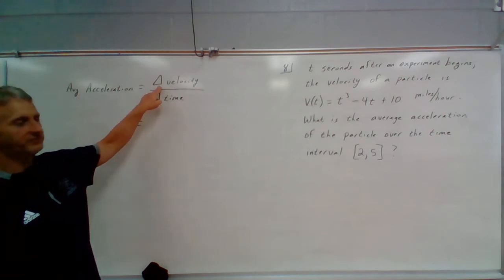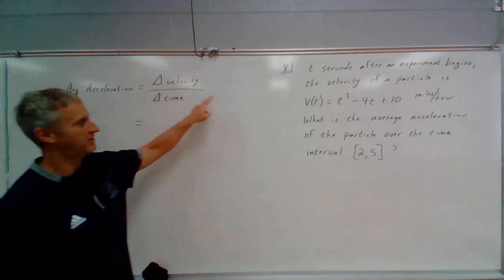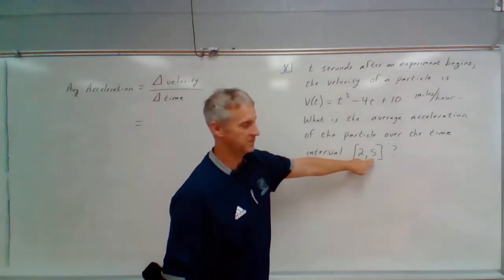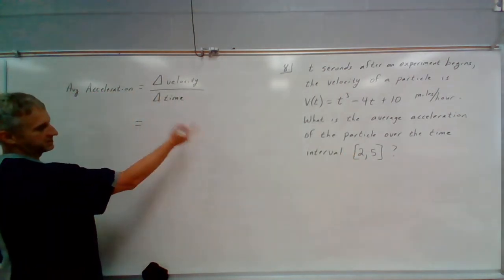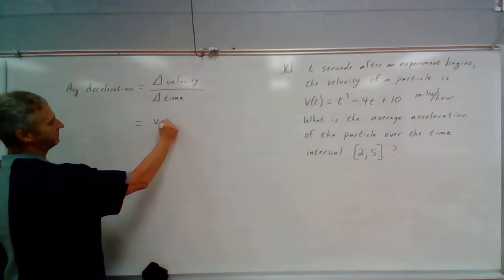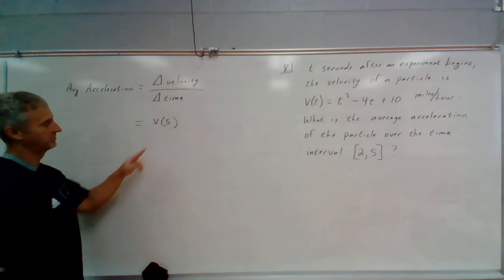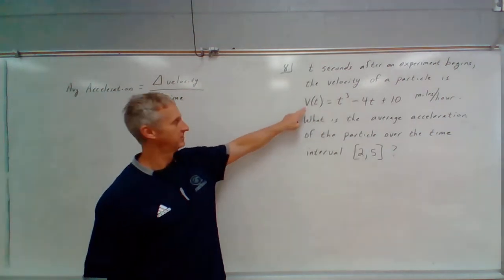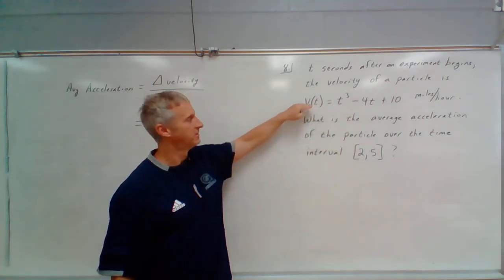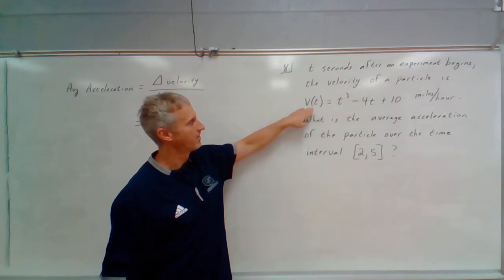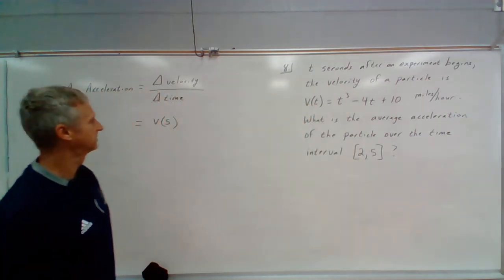To find the change in velocity, I'm going to need the velocity at 5 seconds and the velocity at 2 seconds. So I'm going to plug 5 into the velocity function. Plug in 5 for t, that'll tell me how fast the particle's going at 5 seconds.